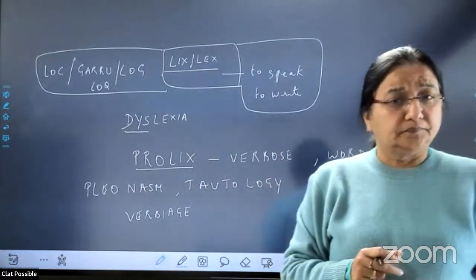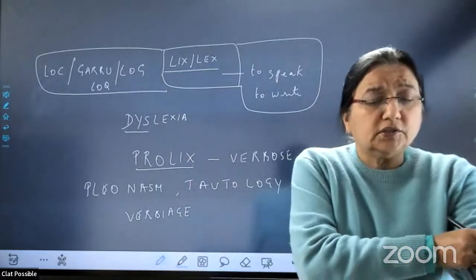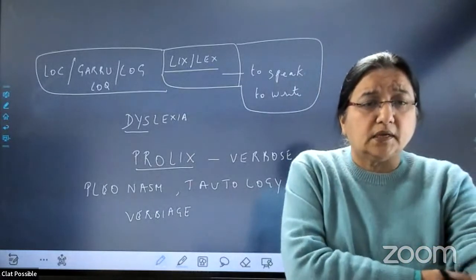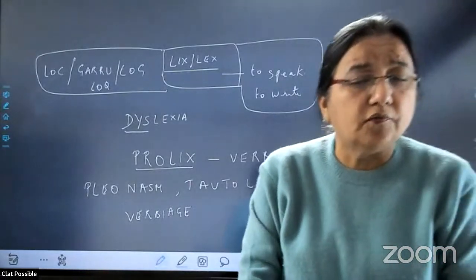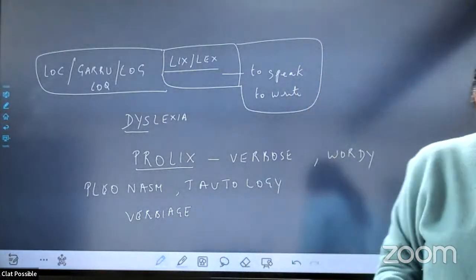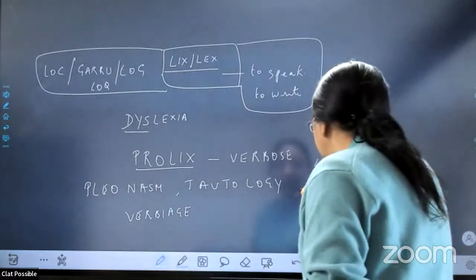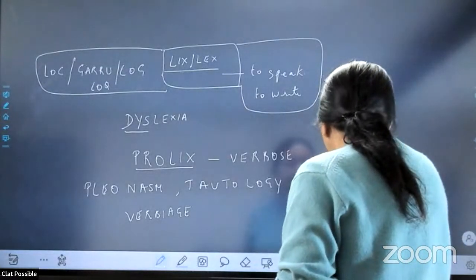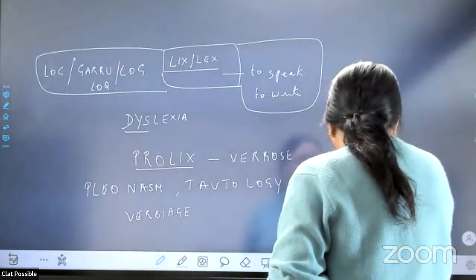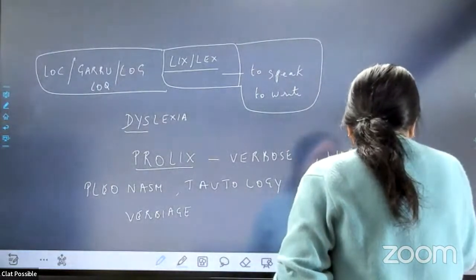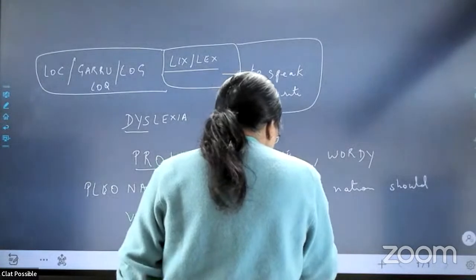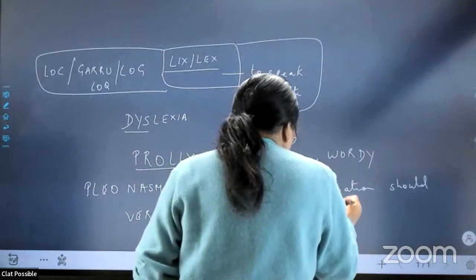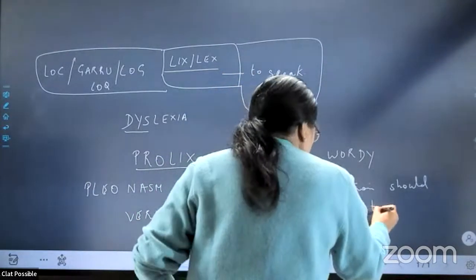Now, what is tautology? See, tautology means where I am using repetitive usage of words or more words. For example, when I say, just look at this, our nation should come together to unite.